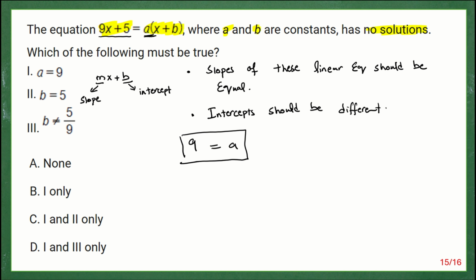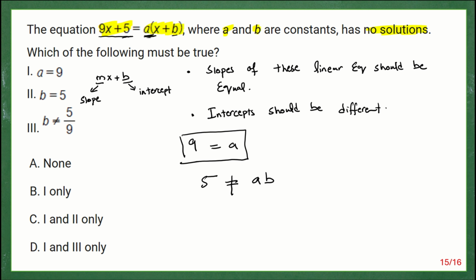Okay, now next is the intercept condition, that the intercepts should be different. In this case, for the first one, I have an intercept of 5, and that 5 should be not equal to the intercept in the other equation, that is a times b.